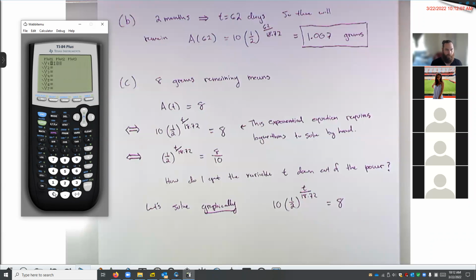I'm going to type 10 times parentheses 1/2 close parentheses raised to the, and now on our calculator we have to use the variable x, so raised to the parentheses x divided by 18.72 in a graph.